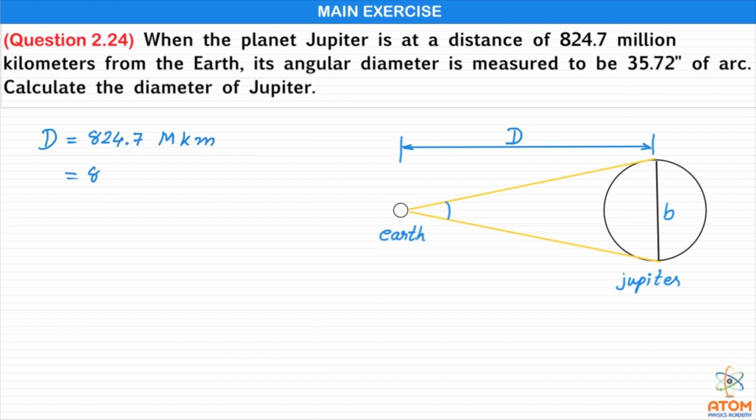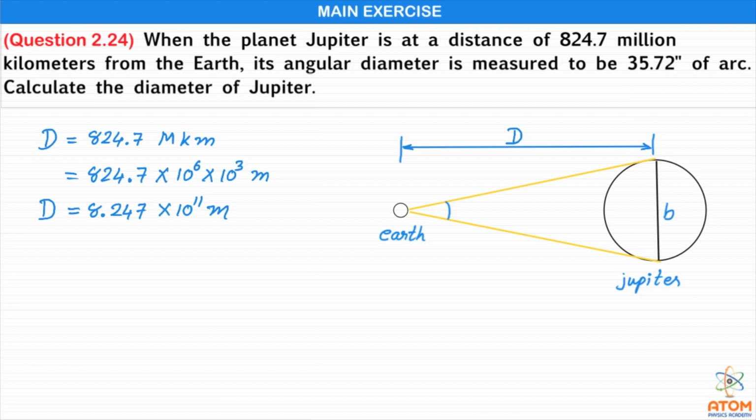So I can write 824.7 million, that is 10 raised to 6, and kilo, that is 10 raised to 3 meter. So we can also write 8.247 into 10 raised to 11 meter, that is the distance capital D of Jupiter from Earth.